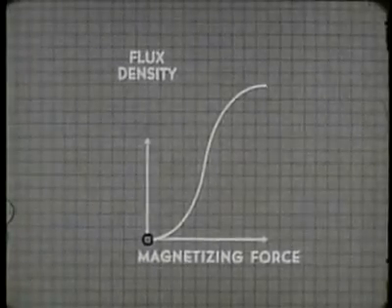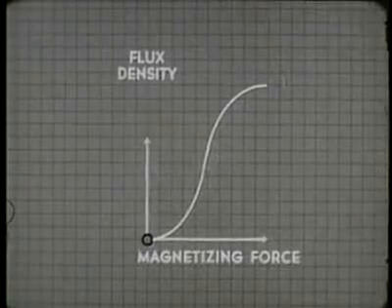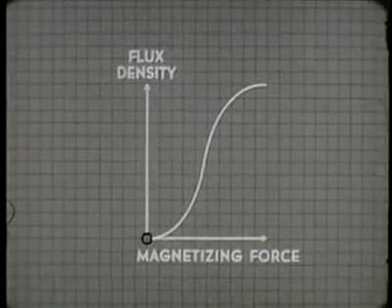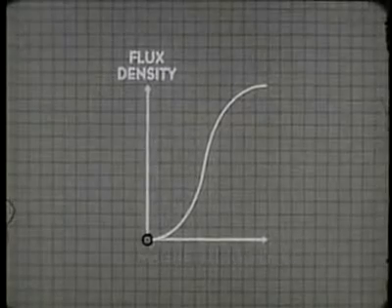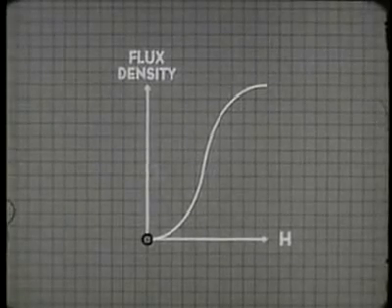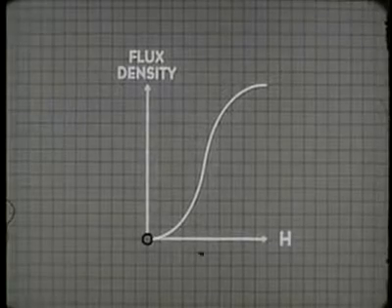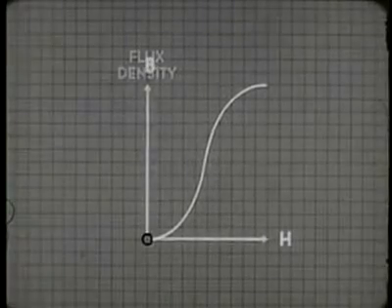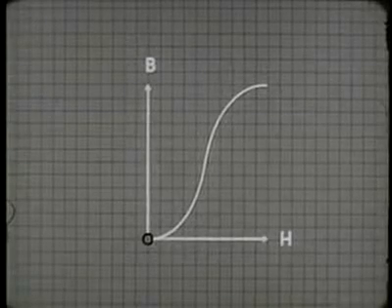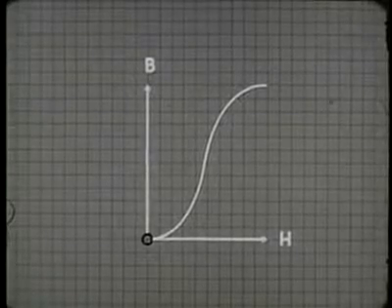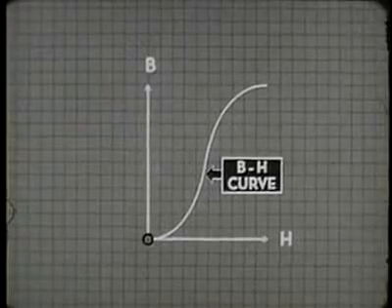Further increases in magnetizing force will have no appreciable effect on flux density. The symbol for magnetizing force is the letter H. The symbol for flux density is the letter B. The relationship between magnetizing force and flux density for any given core material is represented by its BH curve.